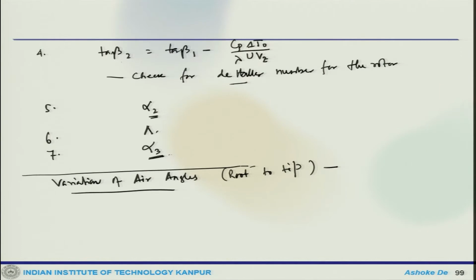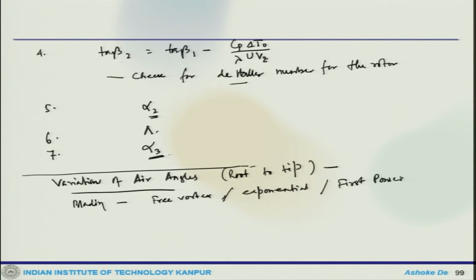So, the blading could be any of this type, like free vortex design, or it could be exponential, or it could be first power. So, any of these blading parameters will dictate the variation.